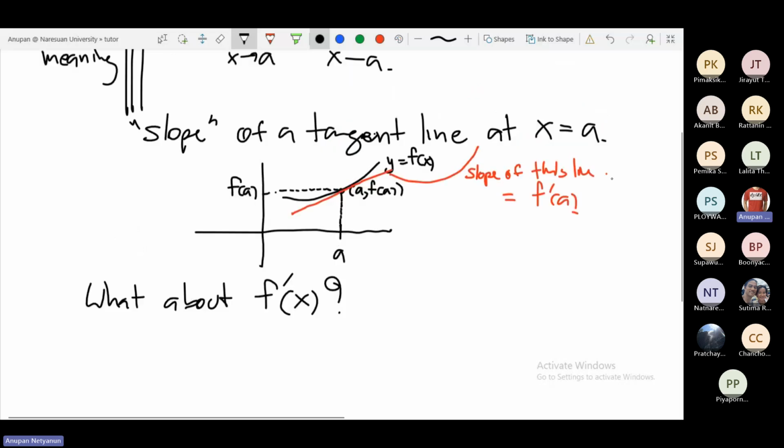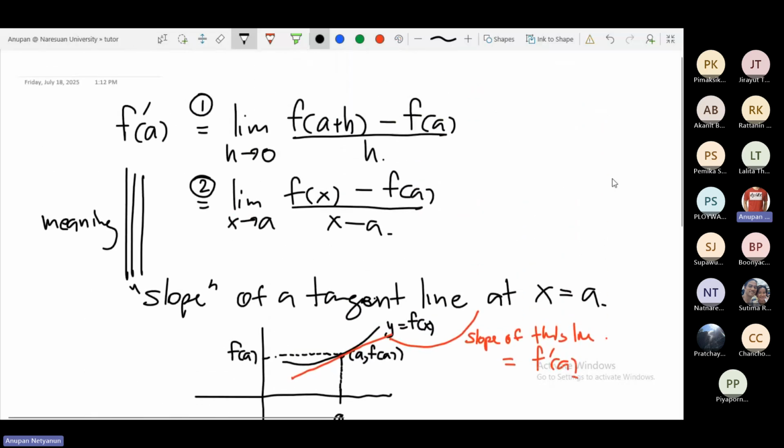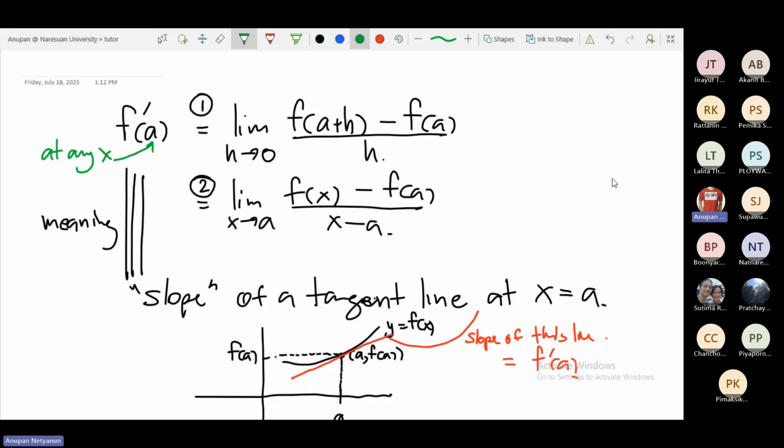Then what we are going to do is go back and look at the derivative of f when x equal to a. Okay, and you have two definitions. If you want to know it at any x, we know the derivative of f at x equal to a, you just replace a with x. Then it's going to become the derivative of f at any x.